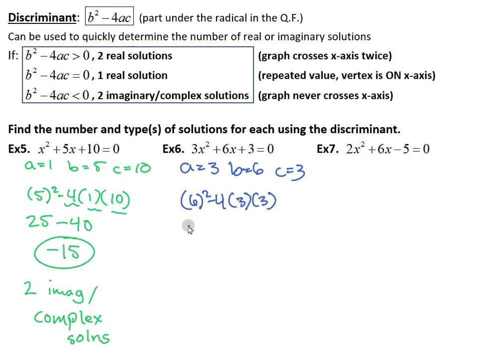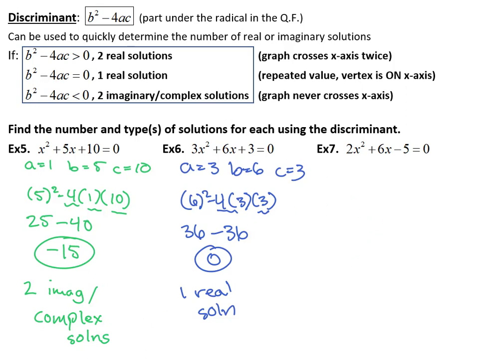This gives me 36, and -12 times 3 is -36. Ooh, we got the case where we got exactly 0. That's that repeated solution, so we got one real solution. And graphically, that's where the vertex is right on the x-axis. It's the only way for it to touch just once.